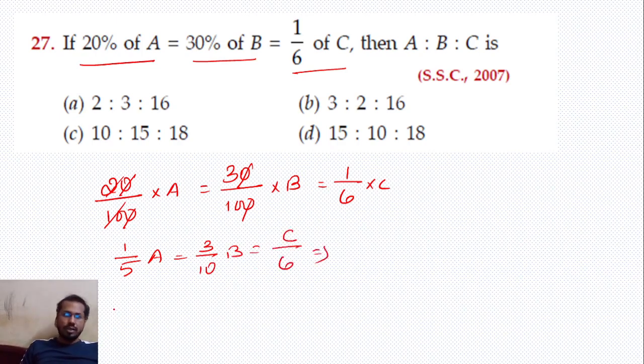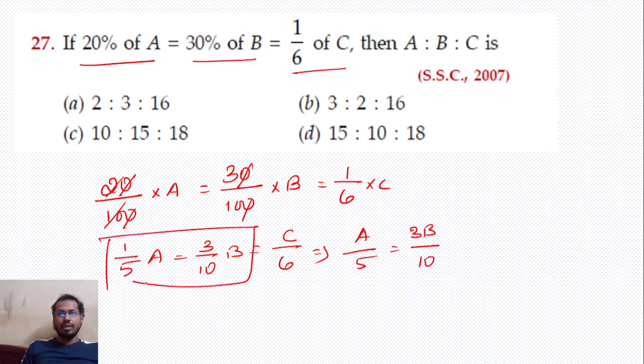If we want to write a little more, I can write A by 5 is equal to 3B by 10. Let's take only this first. They need A, B, C, right? Look at this.